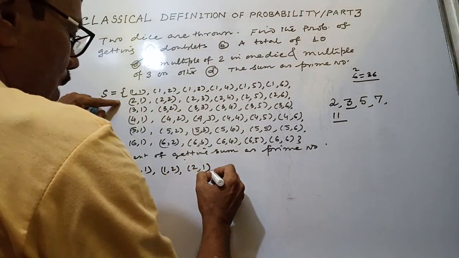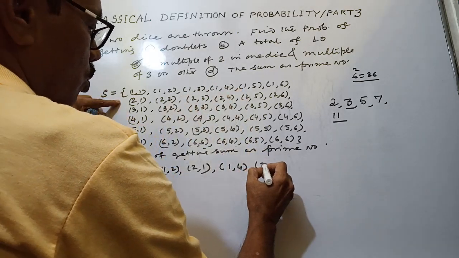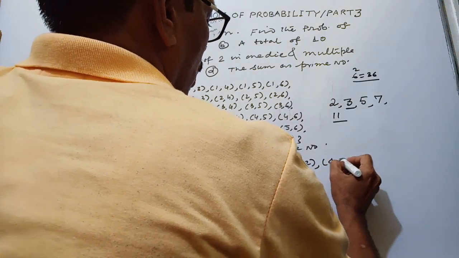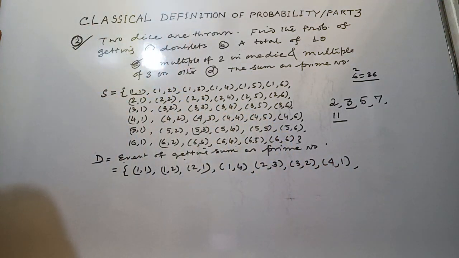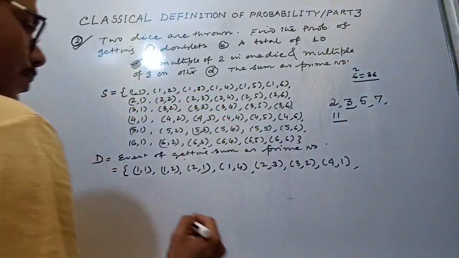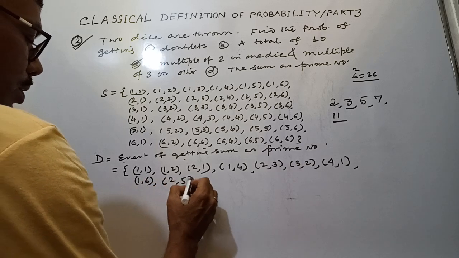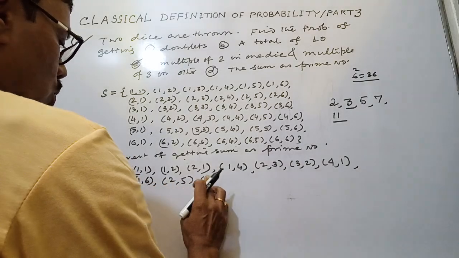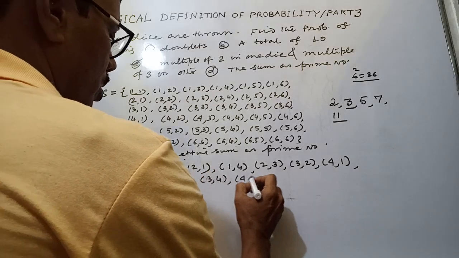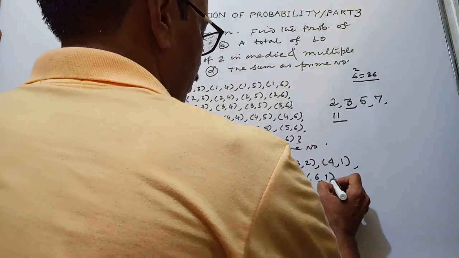Then sum as 5: 1-4, 2-3, 3-2, 4-1. Then 6 is not prime. Then 7: 1-6, 2-5, 3-4, 4-3, 5-2, 6-1.